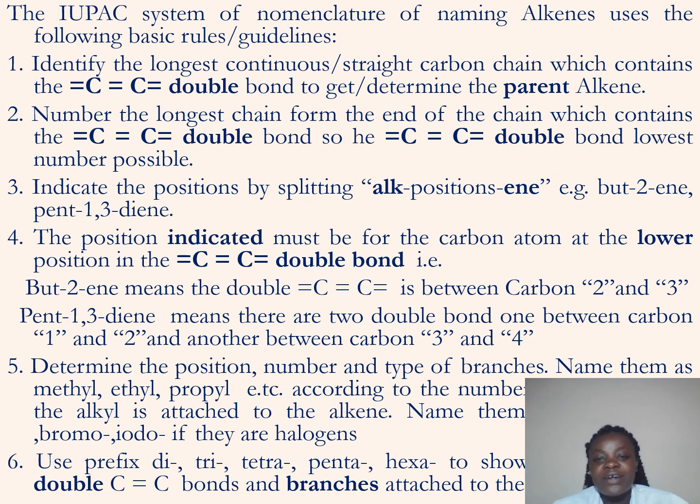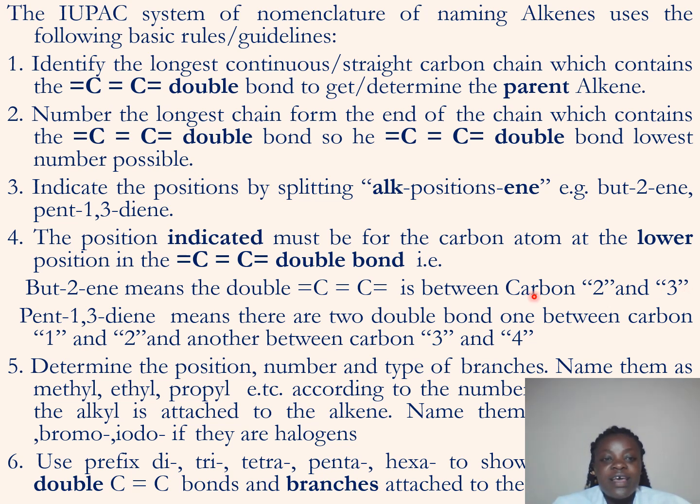To show that there are 2 double bonds, one at position between carbon 1 and 2, the other one to show it is at between carbon number 3 and 4. So that becomes pent-1,3-diene. So that means we have to show the position. That is, if it is not at carbon number 1.